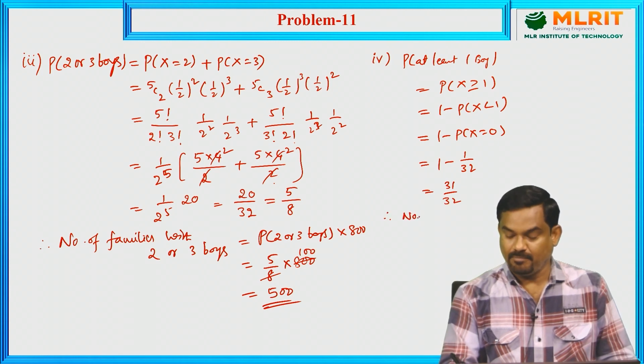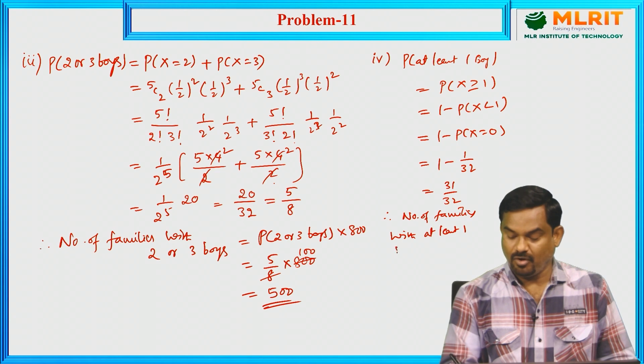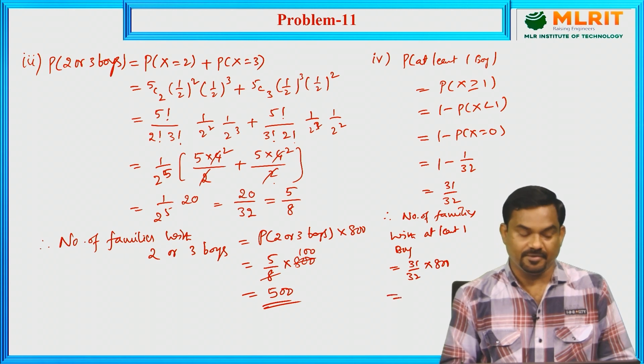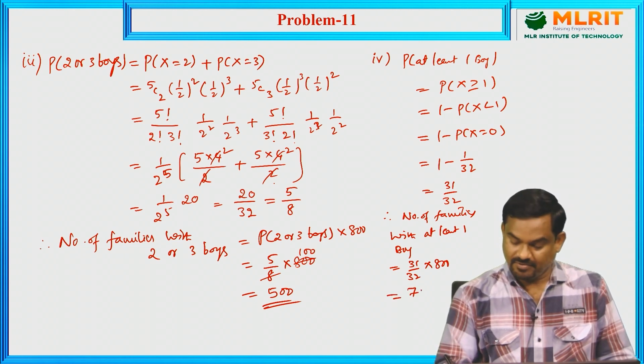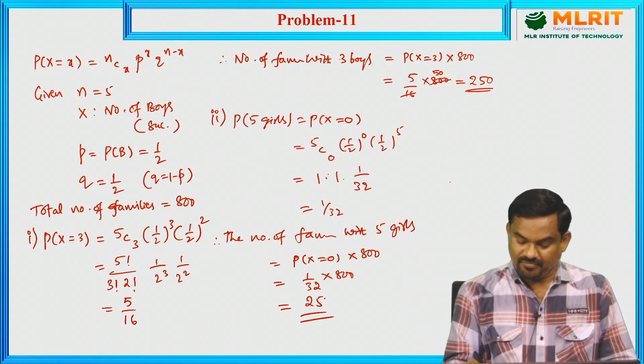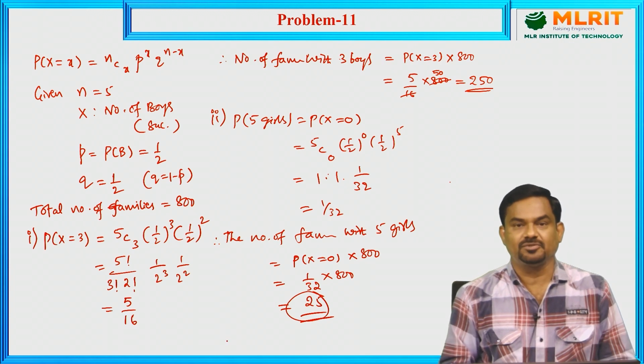Therefore, number of families with at least one boy is given by 31 by 32 into total number of families 800. So the answer is 775. Simply, we have already calculated the number of families having 5 girls is 25.